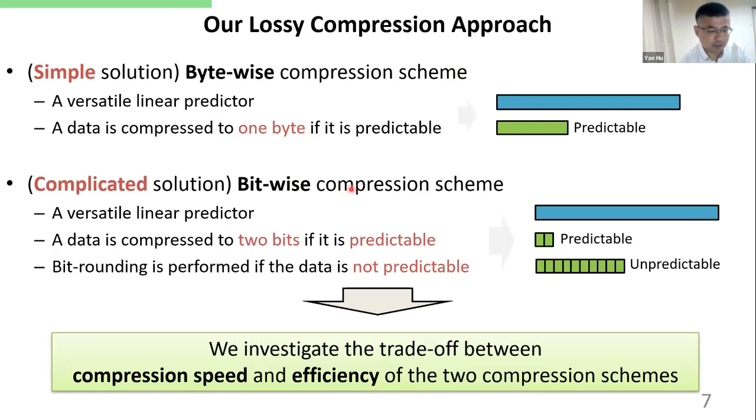For the bitwise compression scheme, the data is compressed to 2 bits if the data is predictable. Otherwise, if the data cannot be predicted, we perform bit routing and discard the least significant bits of the data. We also investigate the trade-off between the compression speed and the efficiency of the two compression schemes.